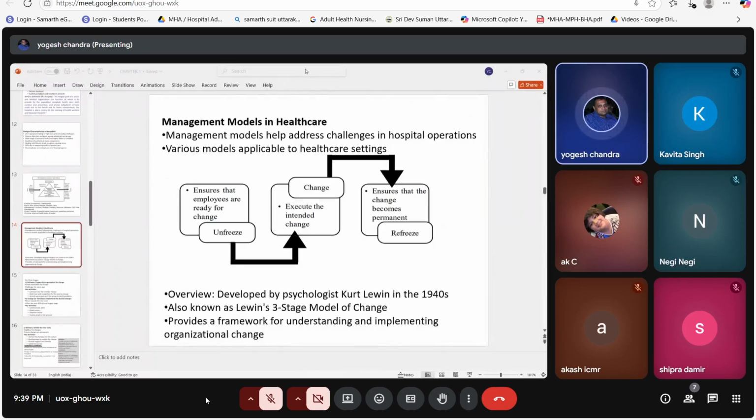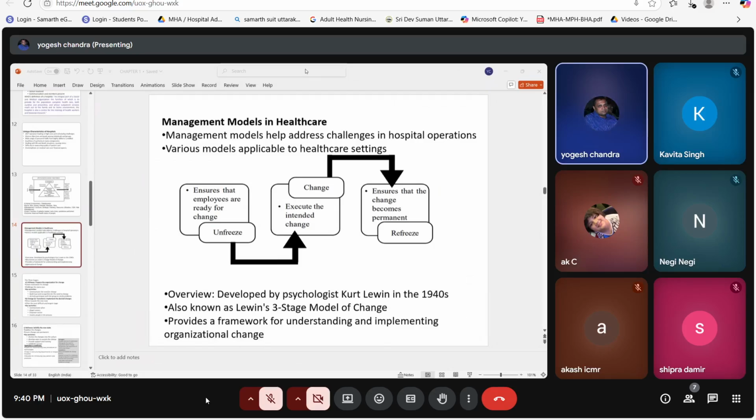We need some training, as she has told. We have to use user-friendly software which can be easily understood by the staff. We have to create awareness, that is a leadership skill. We have to create awareness among the staff about why this electronic health record is needed and how it is going to benefit the organization.